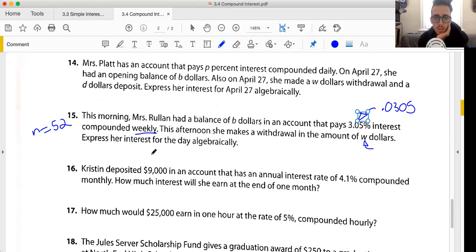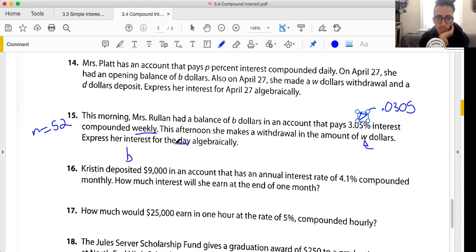So let's see. We start with B in an account where we have that rate and we're expressing interest, okay? This afternoon, so before the end of the day. This is interesting. Okay. Interest for the day. Balance of B dollars pays 0.0305 compounded weekly.